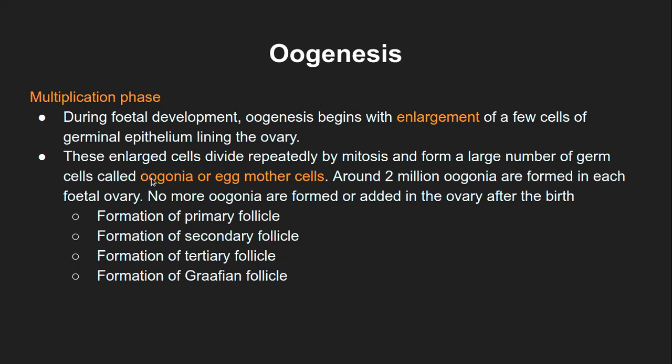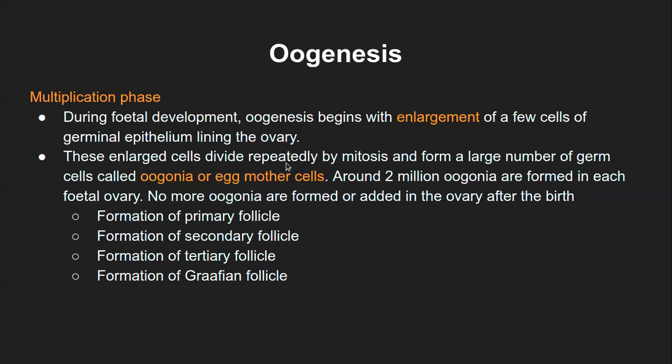Like it was spermatogonia in the earlier case, in this case it is oogonia, or they are also called egg mother cells, and in male it was called the sperm mother cell, right? So just a little bit of difference, but the processes almost remain the same.